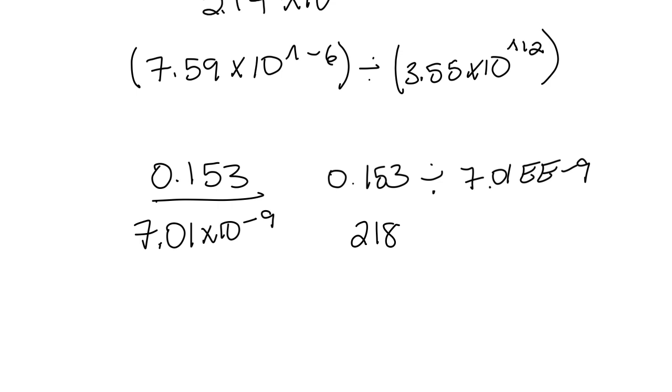Now, this one is not in scientific notation because it's not long enough. If you have my calculator, all you've got to do is hit second 5. That second 5 will put it into scientific notation. Otherwise, you've got to put this answer into scientific notation yourself.